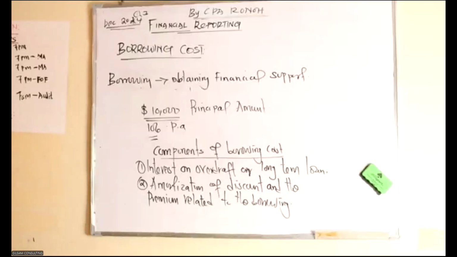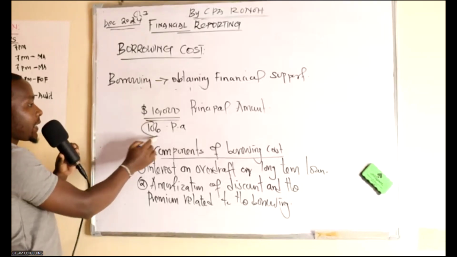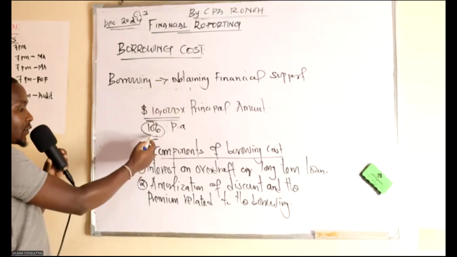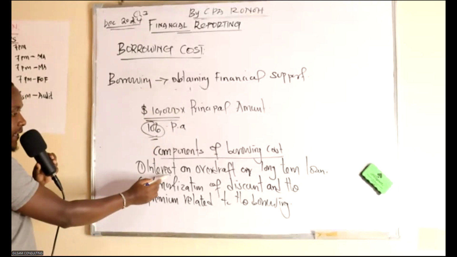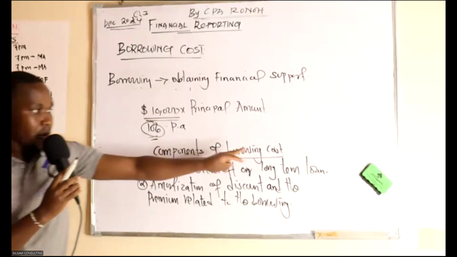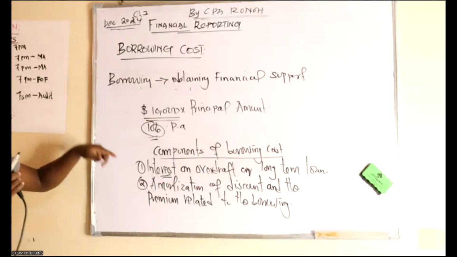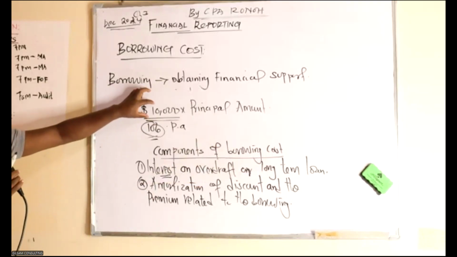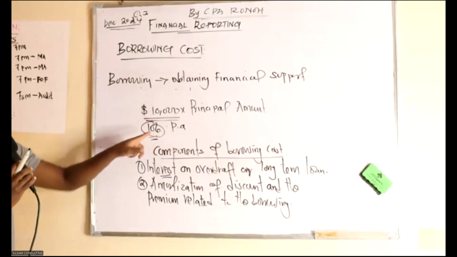The interest per annum is 10%. So each year you are going to pay 10% of this as an interest. So that is a cost, because you are going to incur 10% of this principal amount every year.